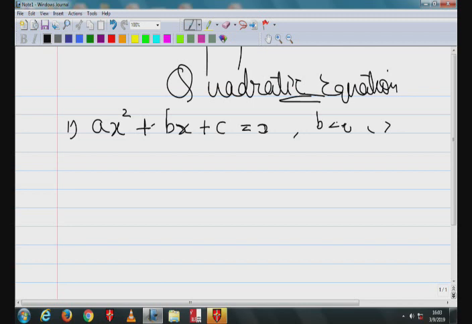So we have to comment on the nature of roots of the quadratic equation. Like, it will have two equal roots, or one real root, two distinct roots, or no real root.